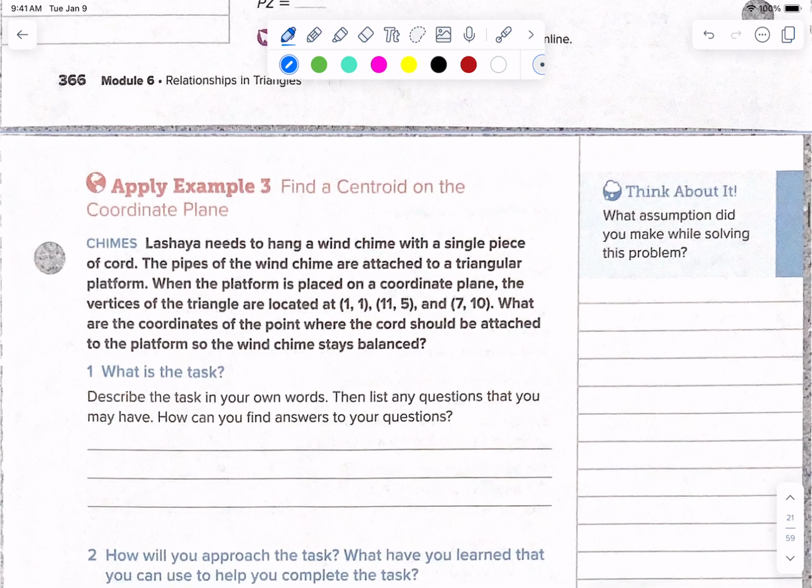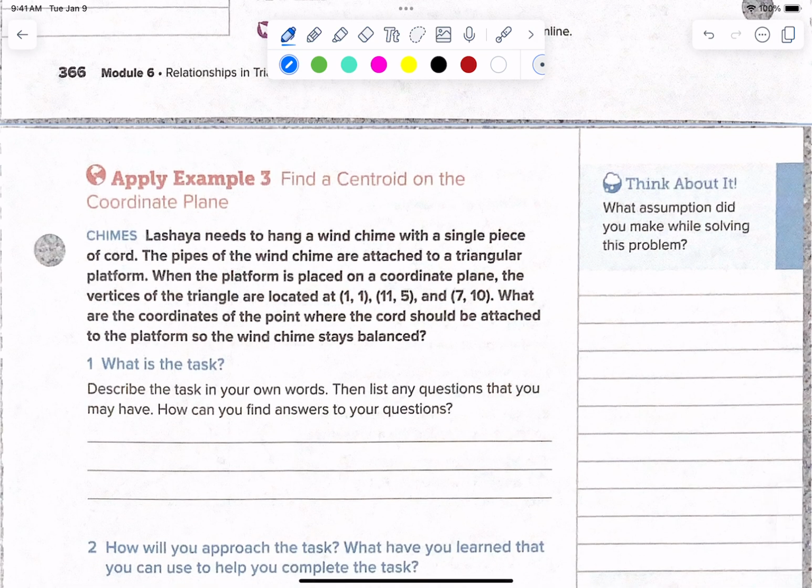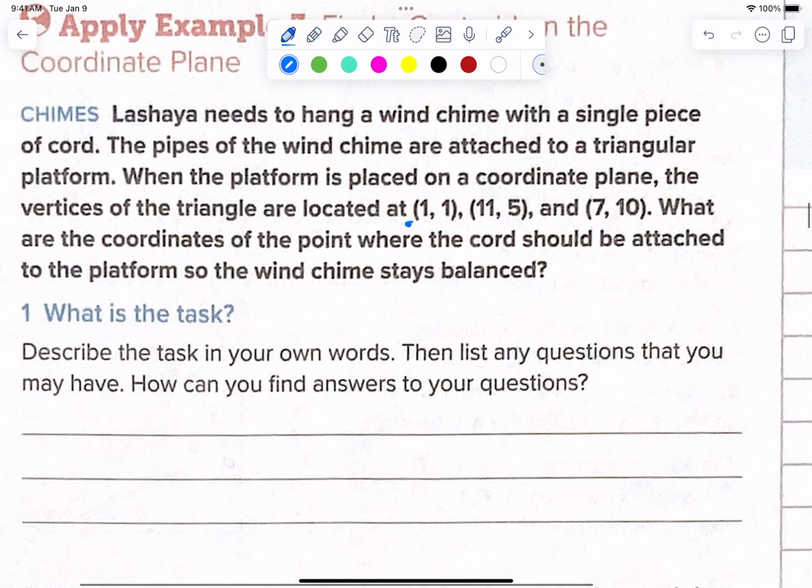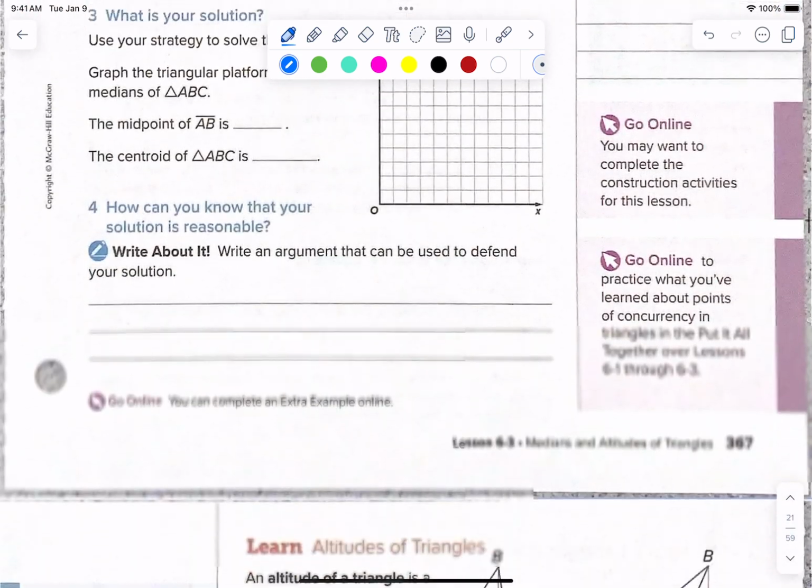All right, this is the hardest part. Finding a centroid on a coordinate plane. We are trying to take these 3 coordinates. I'm not going to read the whole paragraph, but we're going to plot those down at the very bottom here.